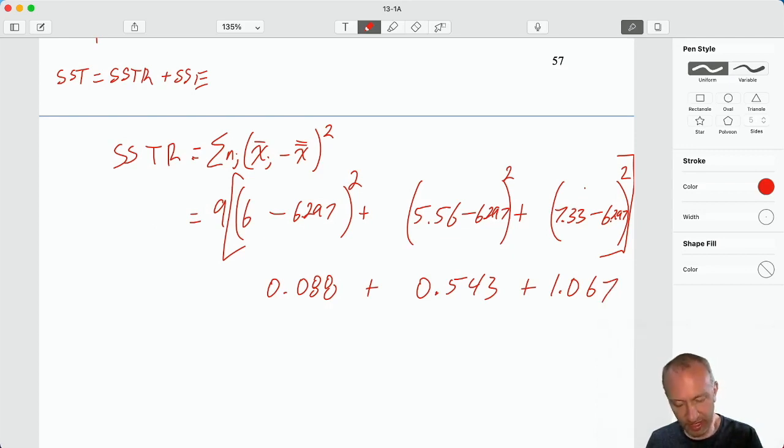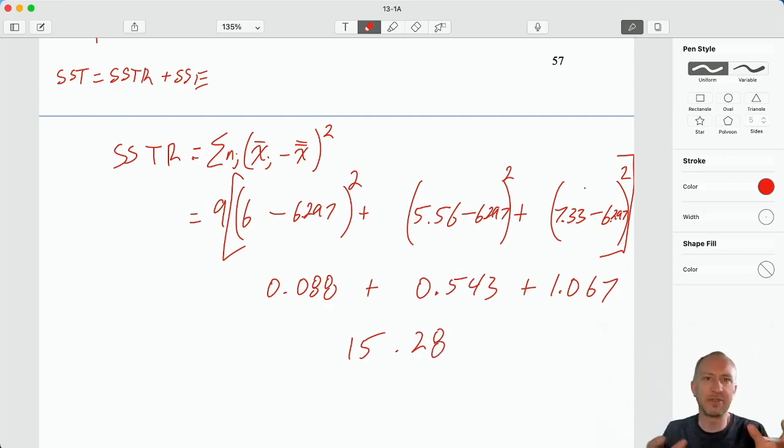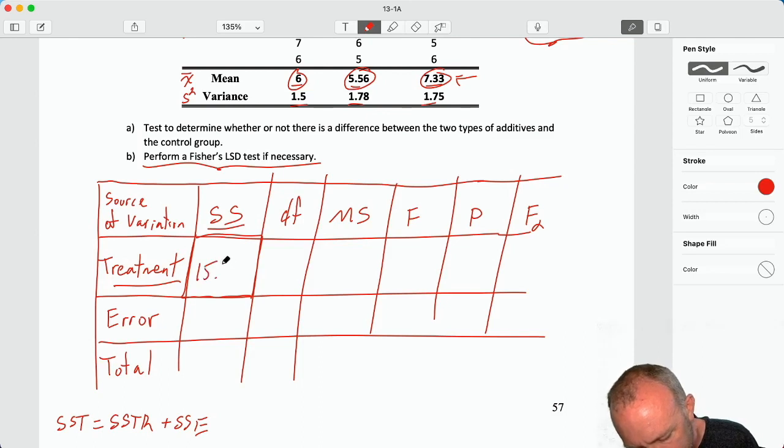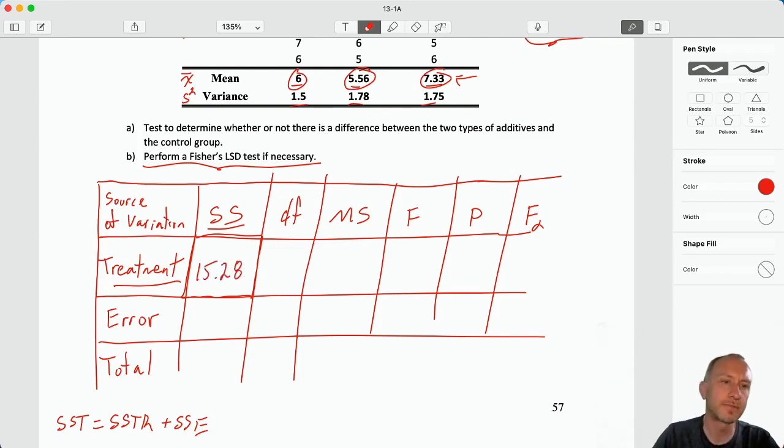Now if I add those up, and then multiply the end result by 9, I have 15.28. Now there's often a little bit of rounding error here, so if you get something a little bit different, it's not the end of the world. It always depends on how many decimal places you use. So here my SSTR is 15.28.